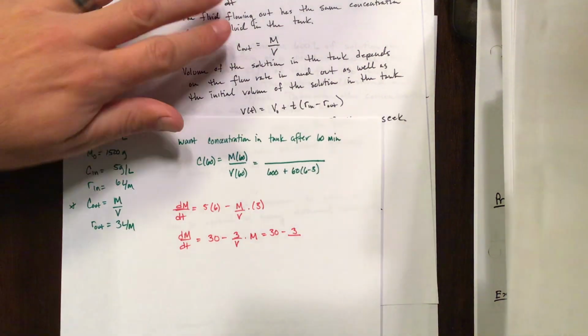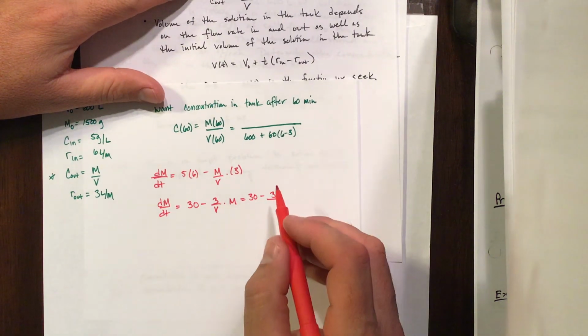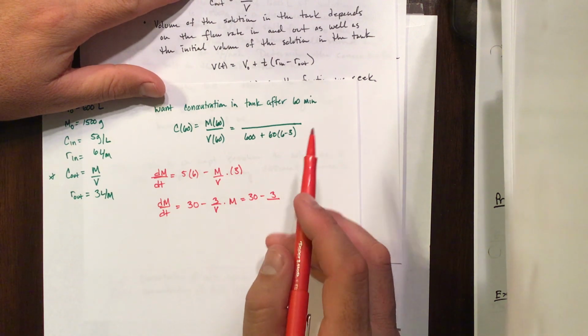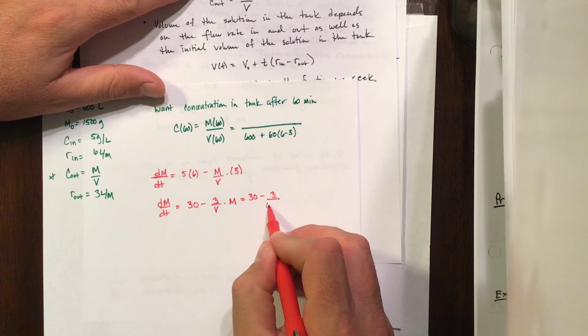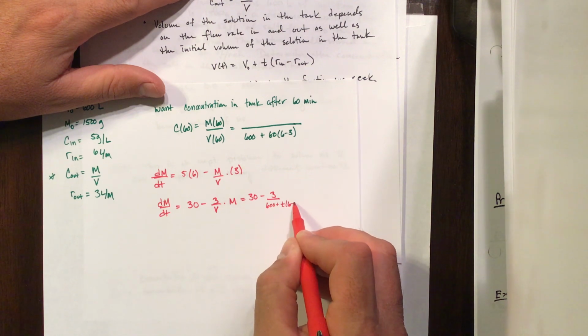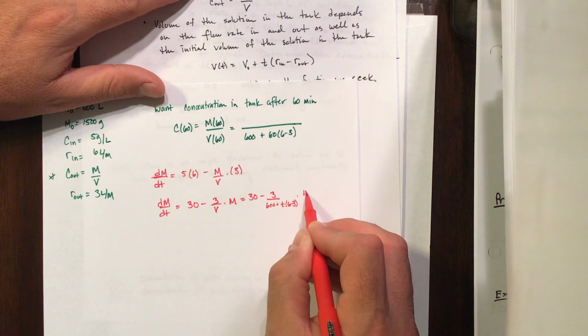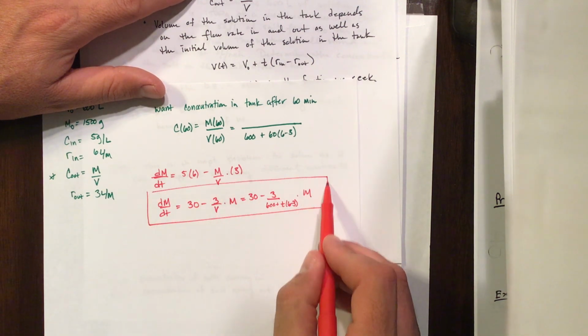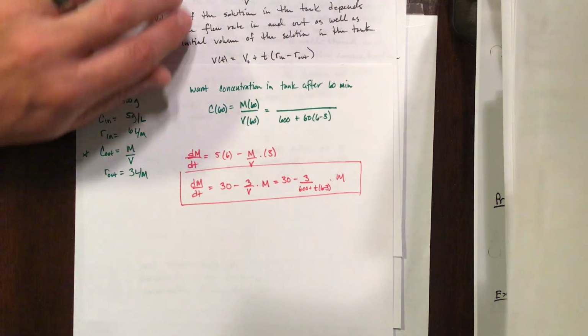Well, our formula for V. That's 600 plus t times (6 minus 3), all times M. So there is the differential equation I'm going to solve.